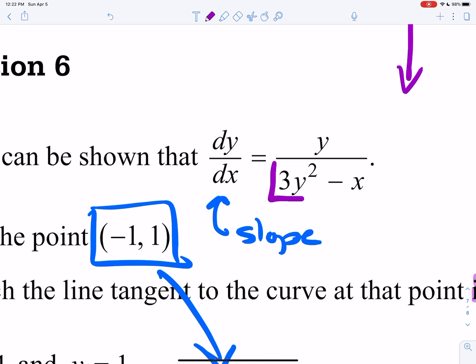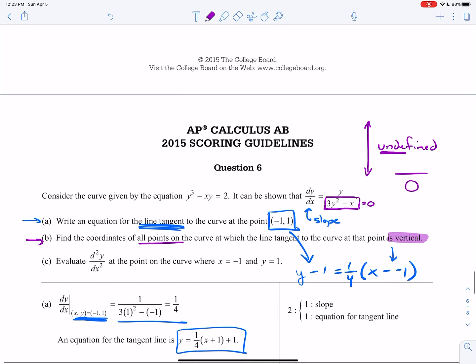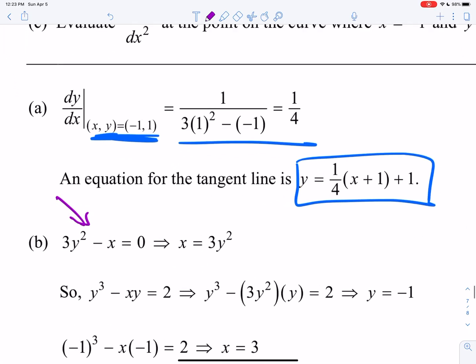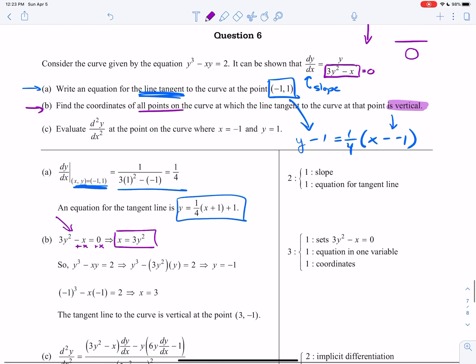So we pretty much have to make the bottom equal to 0. Okay? This is pretty much what they have in the scoring guidelines right here. So if you solve for x, or just add x to both sides, you should get x is equal to 3y squared. This is pretty much the equation where all slopes are undefined.